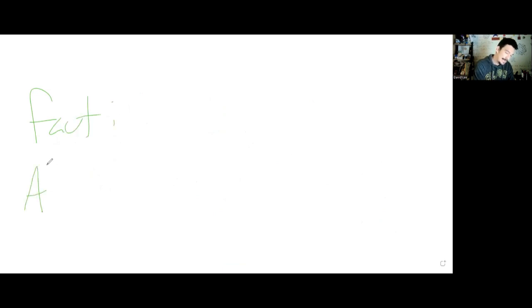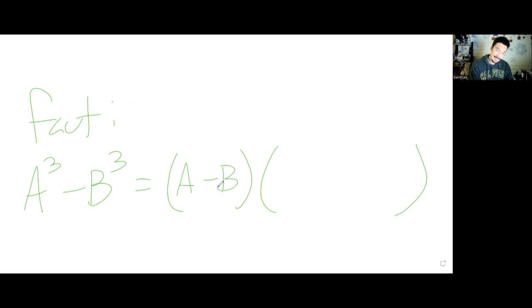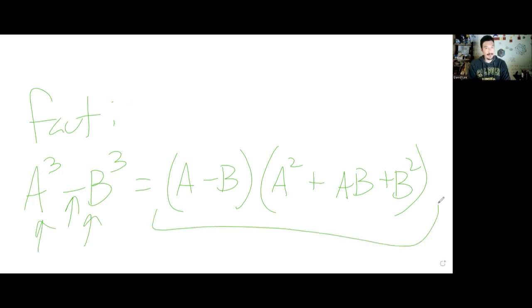It goes a cubed minus b cubed equals a minus b, and this is going to go a squared, plus ab, and plus b squared. So these are rules. These are facts that we accept. And this is for a difference of cubes. And this here would be your factorization.